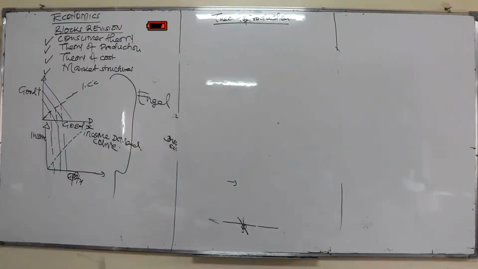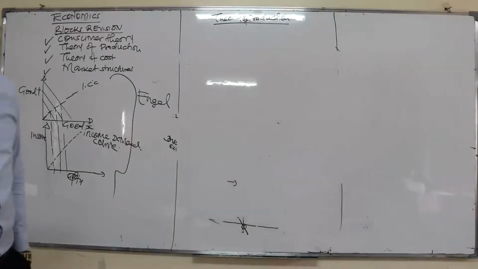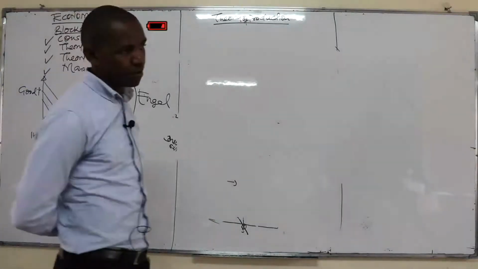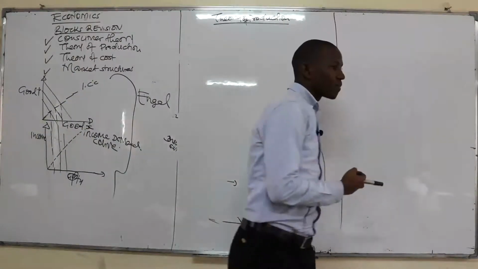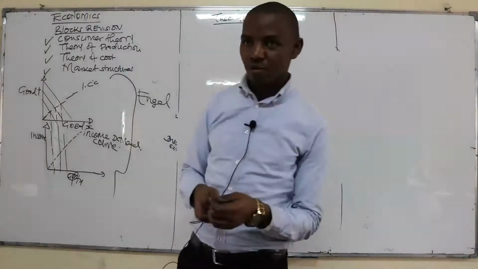You explain the expansion curve as applied in the theory of production. So in that case, you need to understand how you can draw the firm's expansion curve.